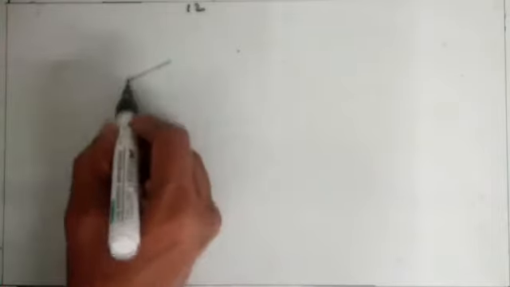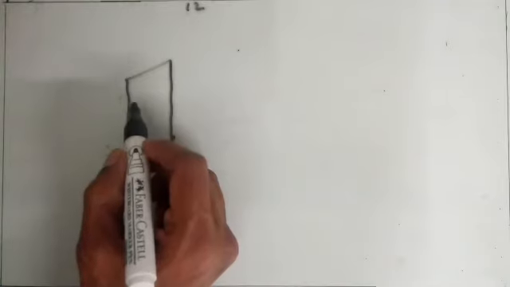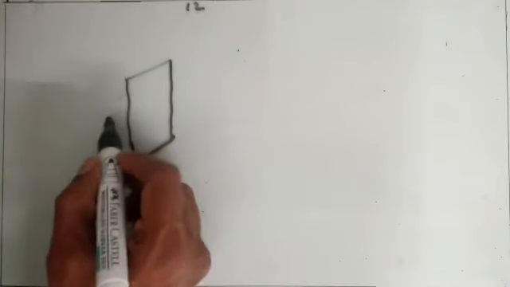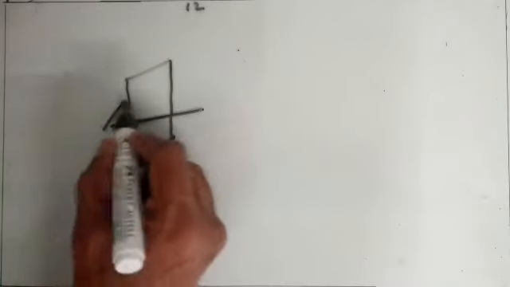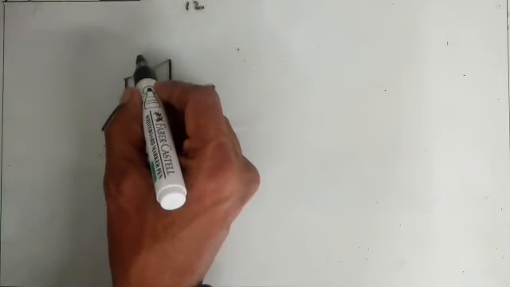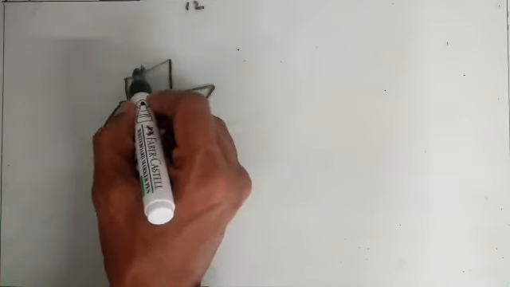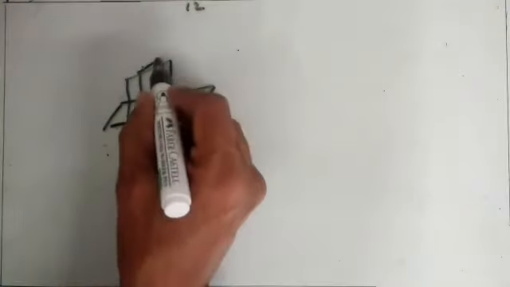Hello friends, now here we start new chapter number 12, 3-dimension geometry. Remember this here, three planes intersect perpendicular to each other, then space divides into four parts in the upper plane and four parts in the lower plane.